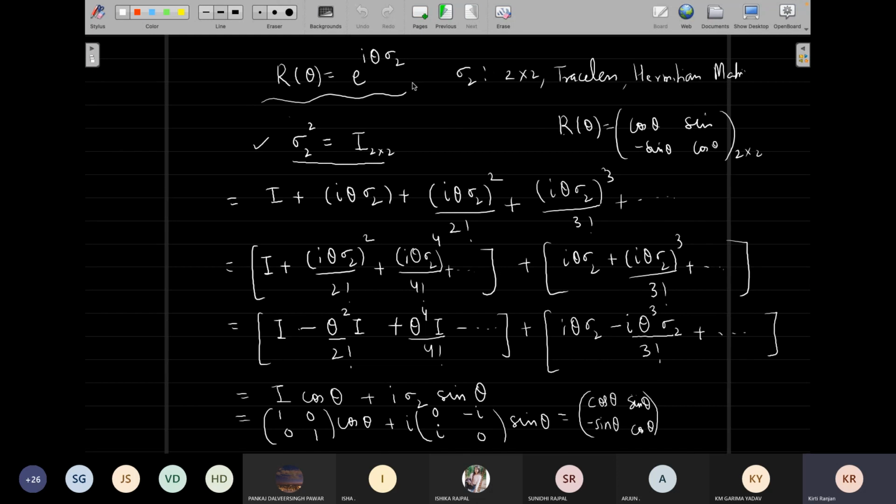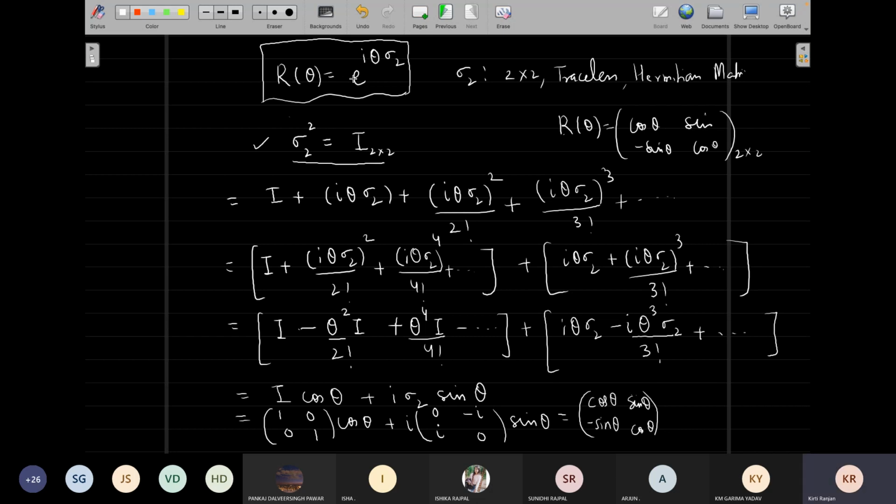And that means we have got something rather interesting for the SO2 group. SO2, which corresponds to 2 by 2 rotation in two-dimensional space, is generated by the Pauli matrix sigma 2. Knowing that it is generated by sigma 2 will allow me to study so many other properties of the group rather easily.